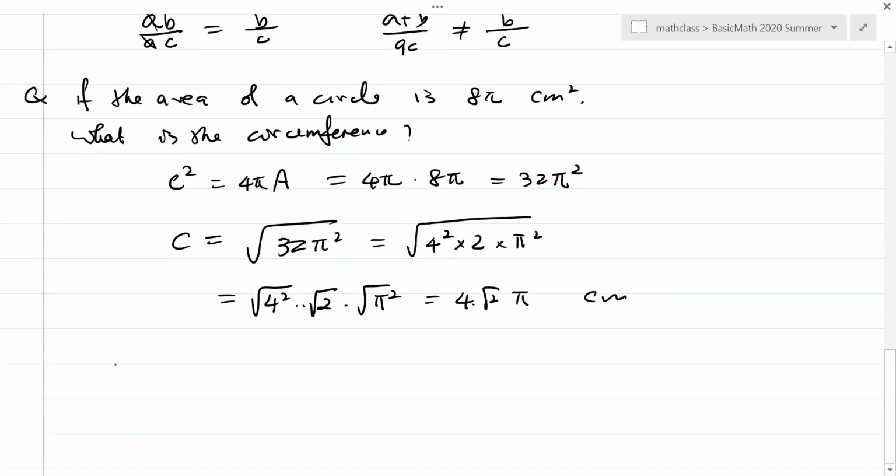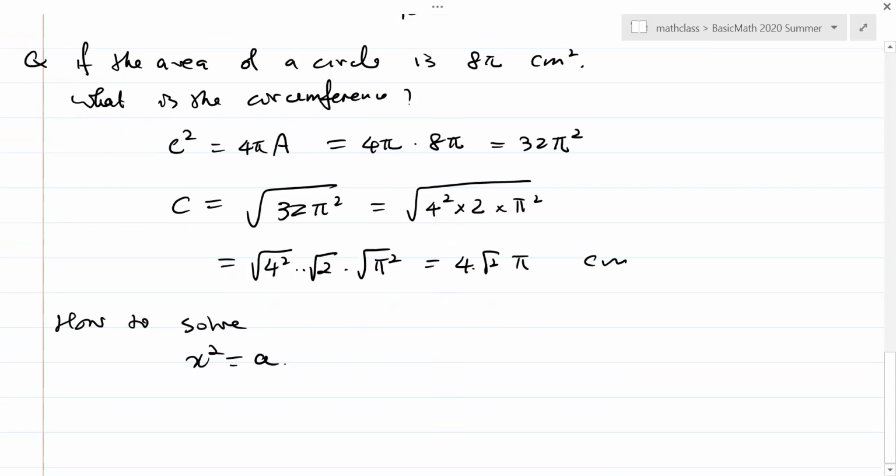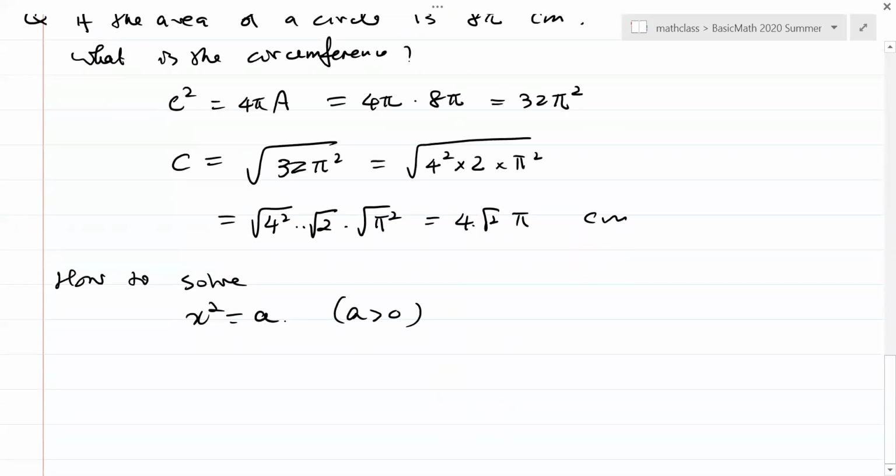So let's talk about equations. How to solve the equation x squared equals a, right? Here we assume a is positive, okay? So in general, if there's no restriction on x, you have two solutions. The first solution will be the positive one. We denote the solution by square root of a, but the square root of a could be an integer, okay?